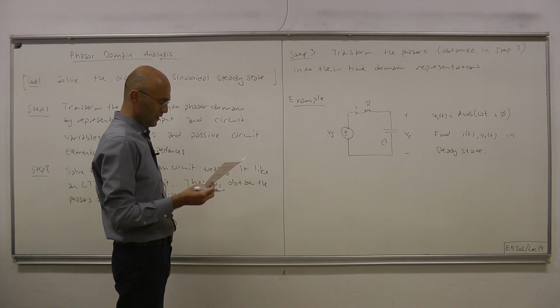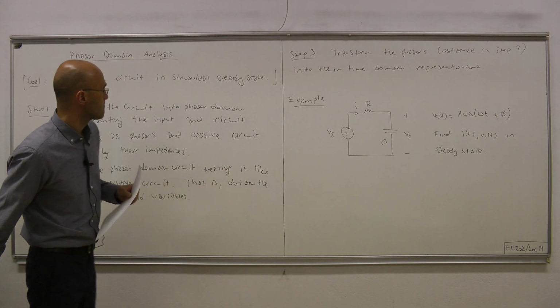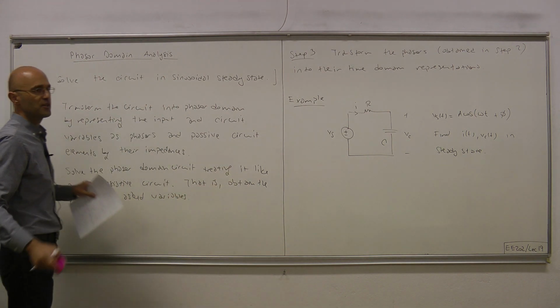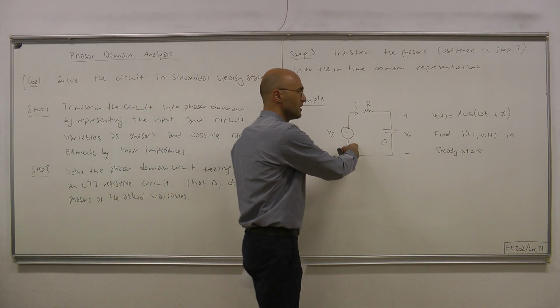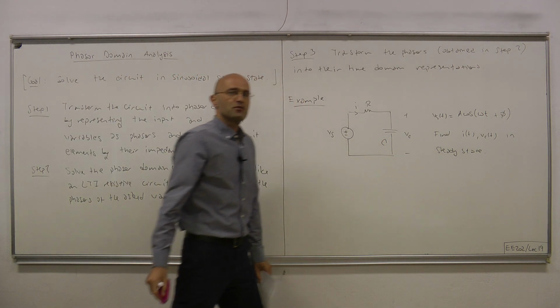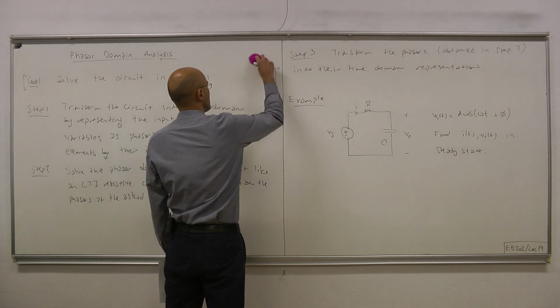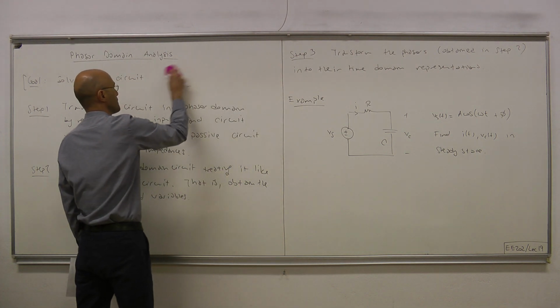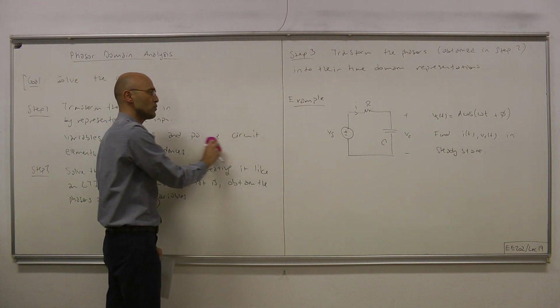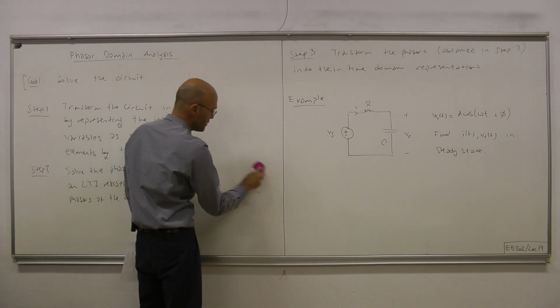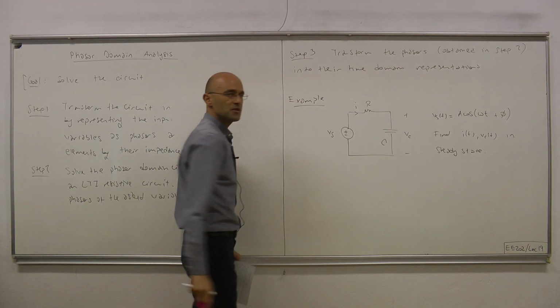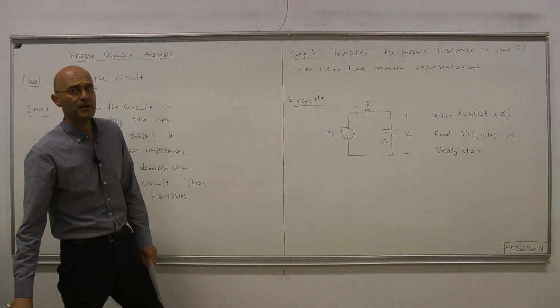So the very first step, which is written here, is to transform the actual circuit, which is the time domain circuit, into the complex circuit, which we call the phasor domain circuit. The notation is such that we capitalize the lowercase letters.